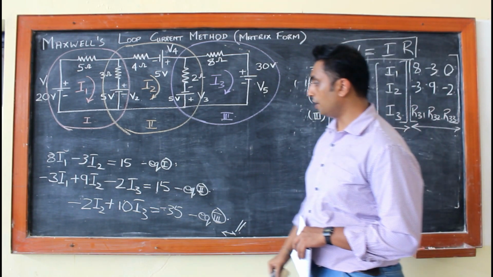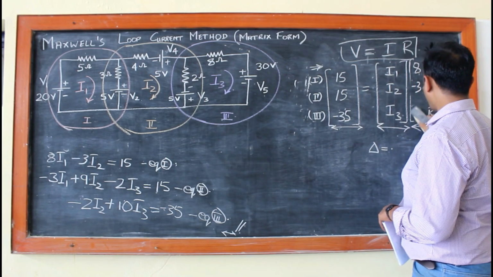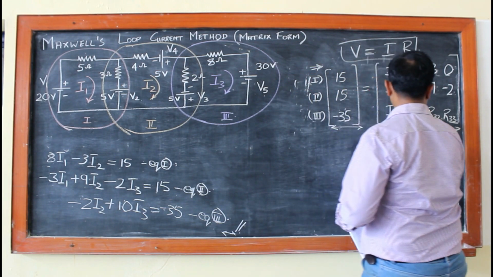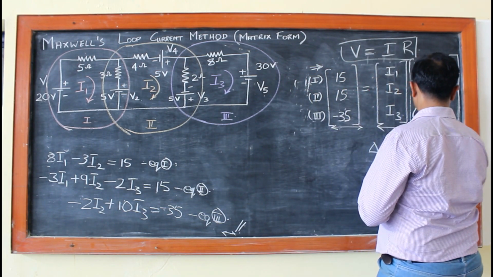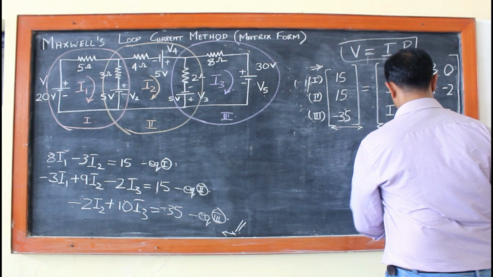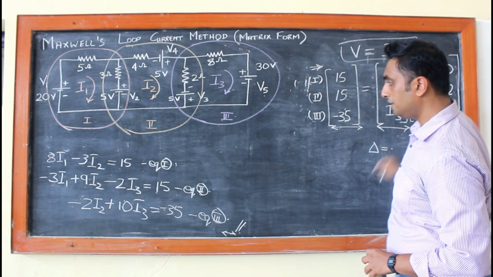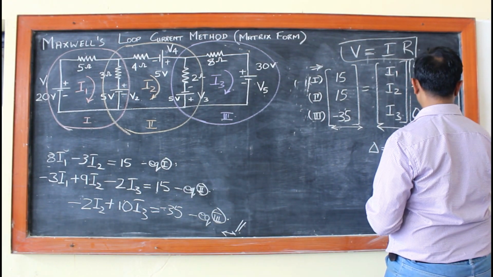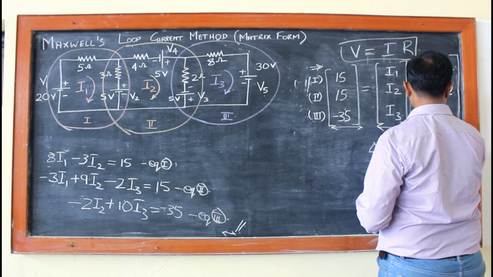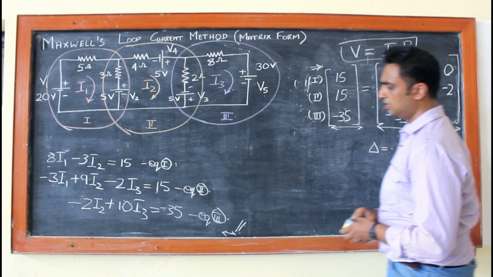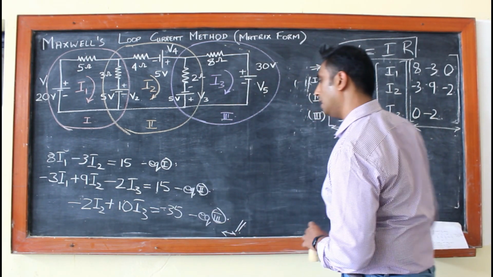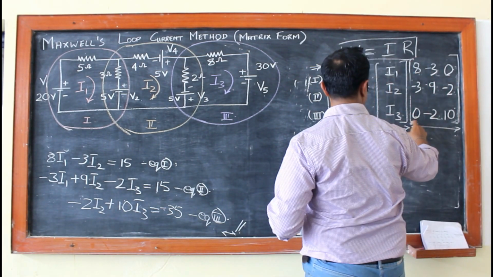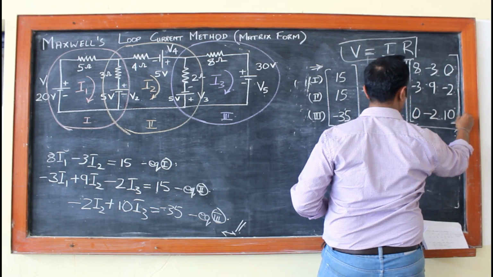In the same way, for equation 3, R31, I1 is not there, so it is 0. R32, which is representing I2, will be minus 2, and R33, which is representing I3, will be 10. So this here is your resistance matrix.